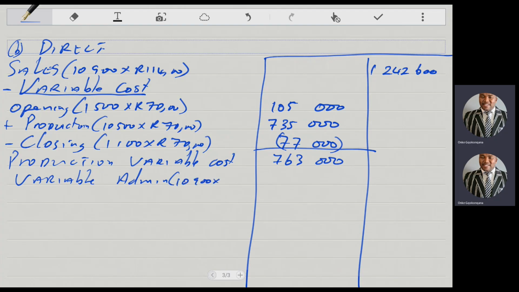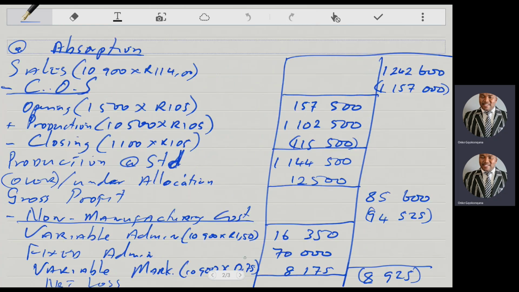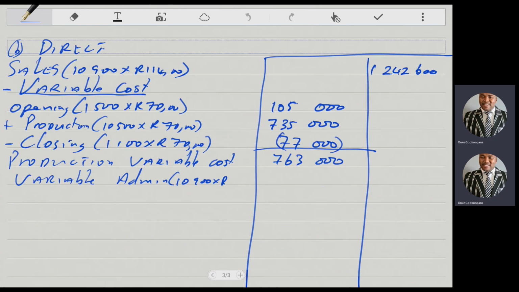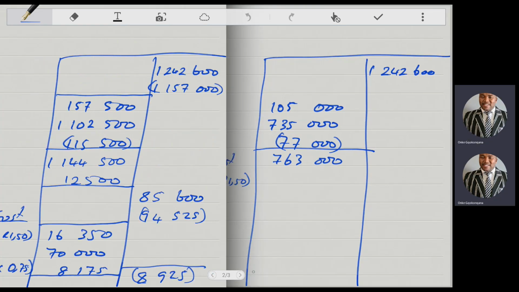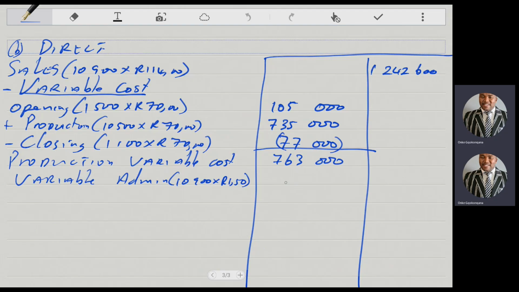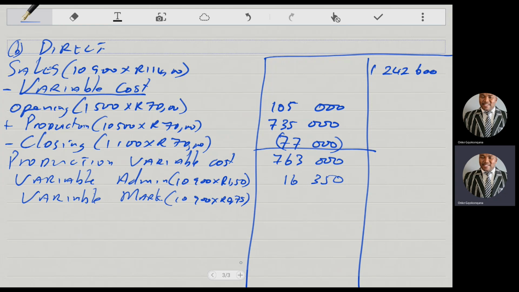It's always going to be your sales, as you did it under absorption. So it won't change. You say 16,350. And again, you've got your variable marketing, 10,900 times 75, and it gives you 8,175.